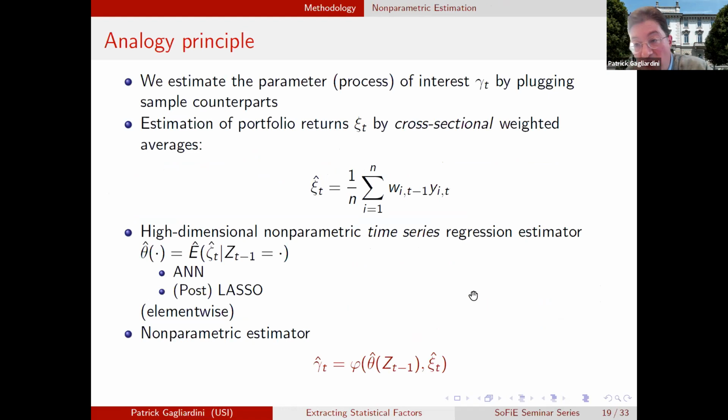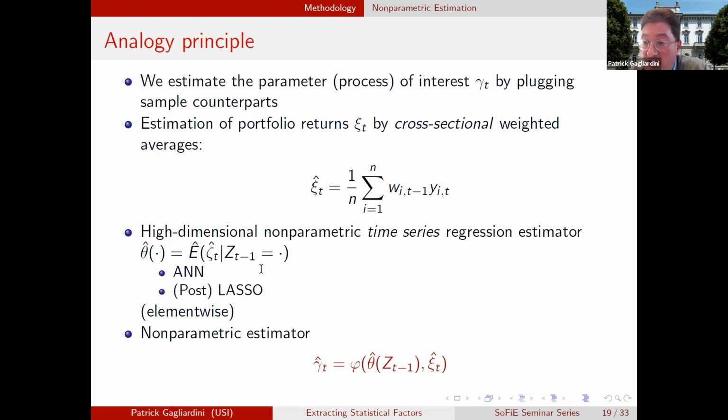So in terms of estimation now, we follow an analogy principle. First of all, we make this portfolio return psi t observed by the cross-sectional weighted averages of the asset returns with the instruments. And then we estimate this functional parameter by a high dimensional non-parametric regression in time series.